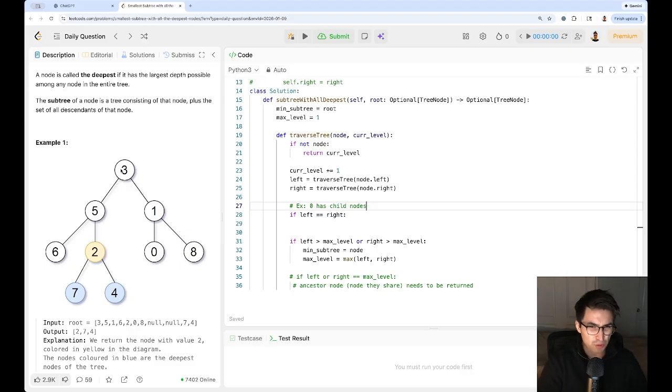If left is greater than right, and the current level is greater than the max level. Is that right?